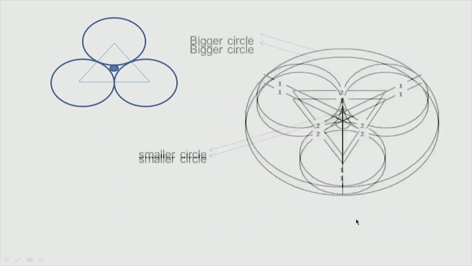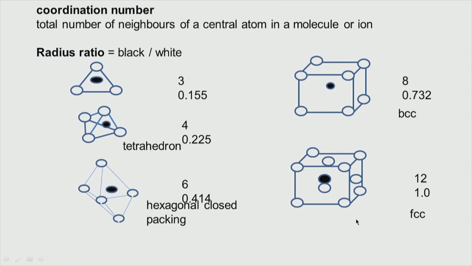So we can do a lot of these types of calculations. For coordination number 3, r/R is 0.155; coordination number 4, that is the tetrahedron, r/R is 0.225; coordination number 6, 0.414; coordination number 8, r/R is 0.732; coordination number 12, r/R is 1.